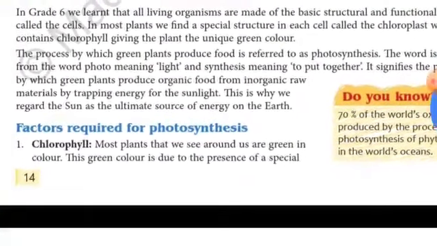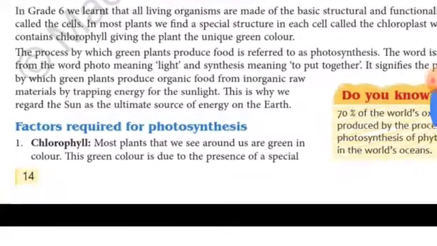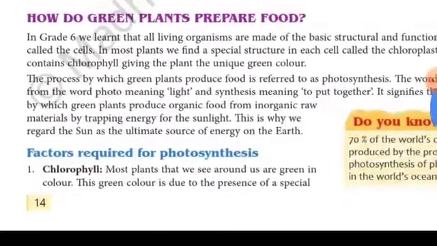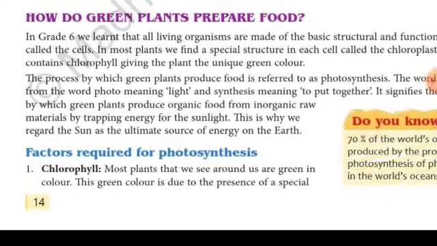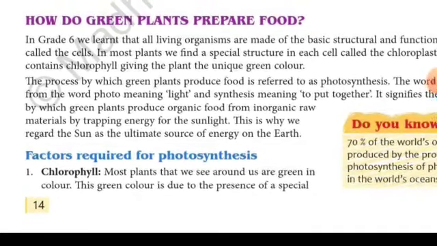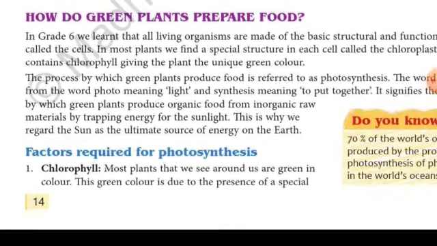Now come to the topic, factors required for photosynthesis. Factor means conditions. Now there are 5 factors. Number 1, chlorophyll. Number 2, light. Number 3, water. Number 4, carbon dioxide. And number 5, temperature. So first of all, we will discuss chlorophyll.